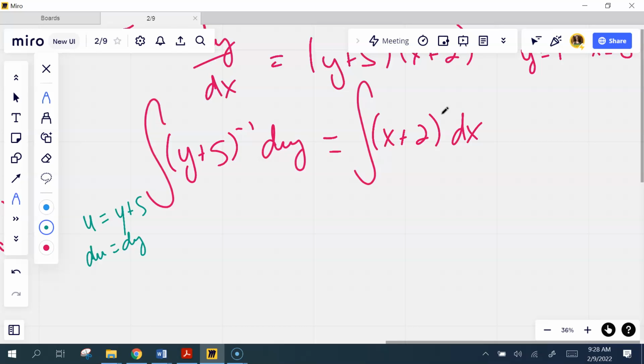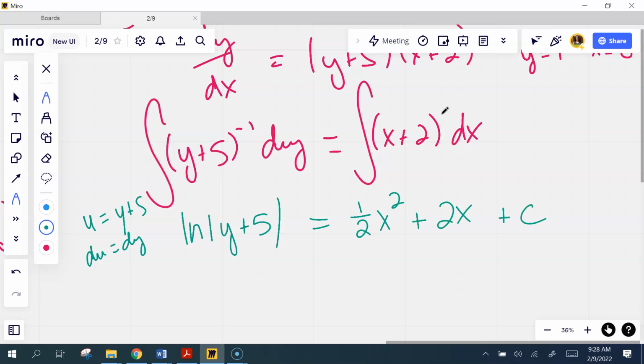Okay, so what's it look like? One half x squared plus 2x plus c. I'm going to go ahead and plug in my initial condition.